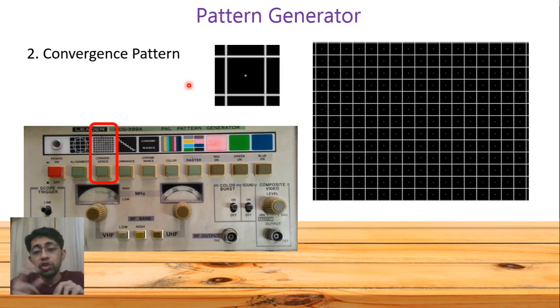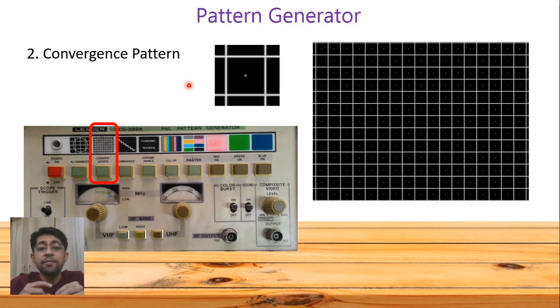Now let us assume that this focusing is not proper, that is, they are diverging. What happens if the electron guns are not focusing to their respective phosphorus but are diverging? To check the divergence of the electron guns, one has to apply this convergence pattern.